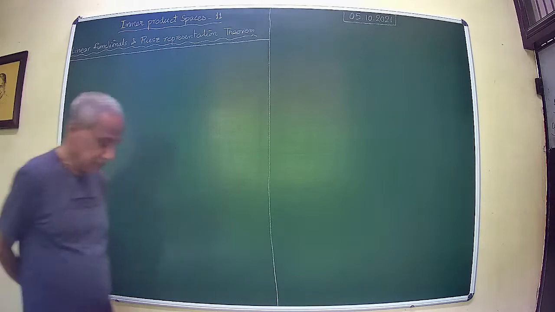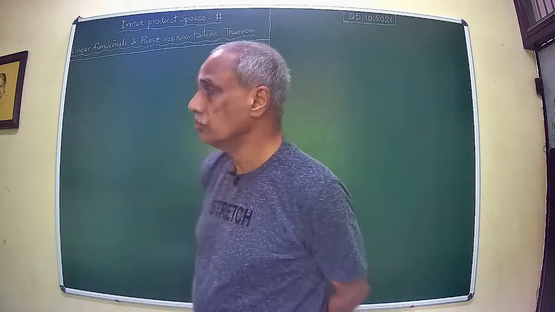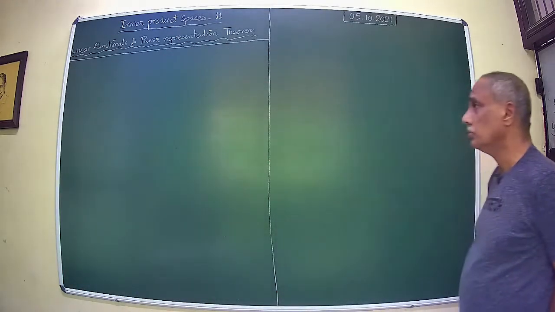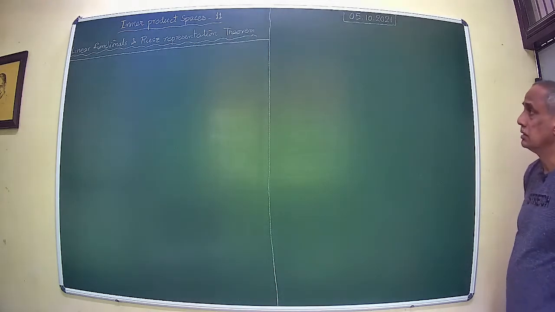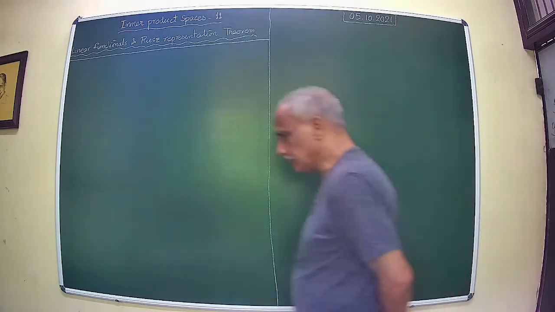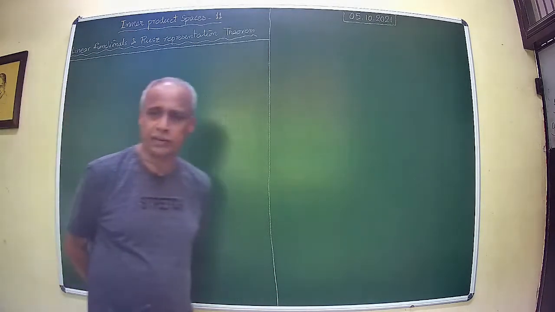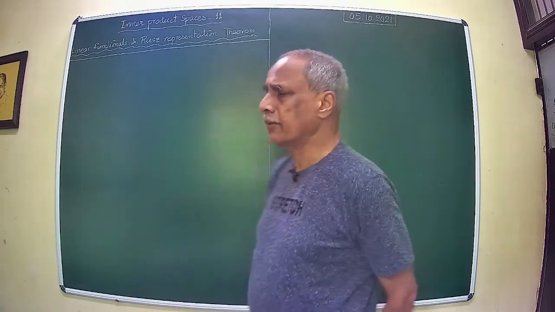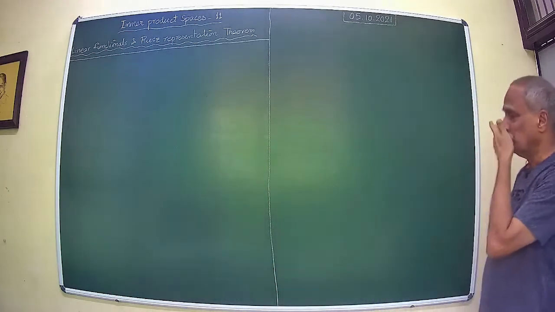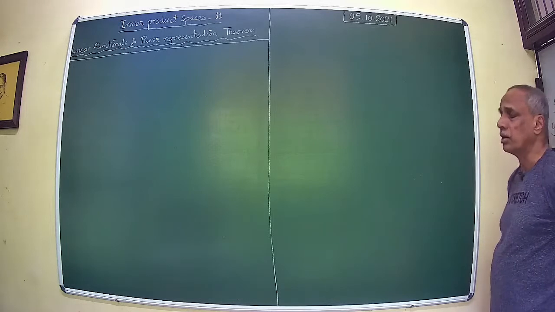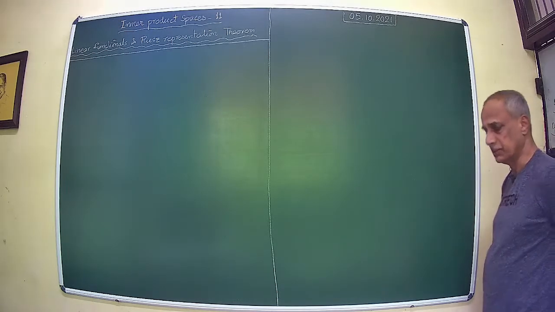This lecture we start on a new stage. So far we had been looking at the structure of the inner product spaces, especially finite dimensional inner product space. Occasionally we had been digressing into infinite dimensional spaces also. But the focus had been on finite dimensional inner product spaces.